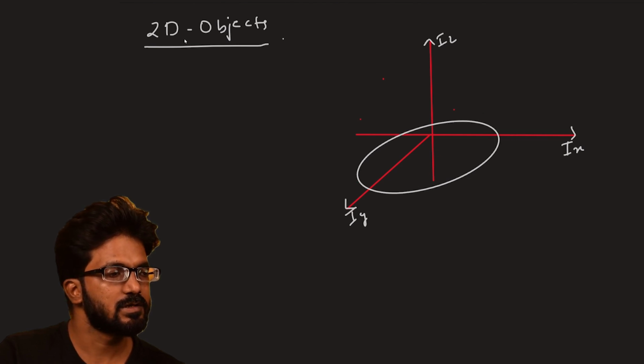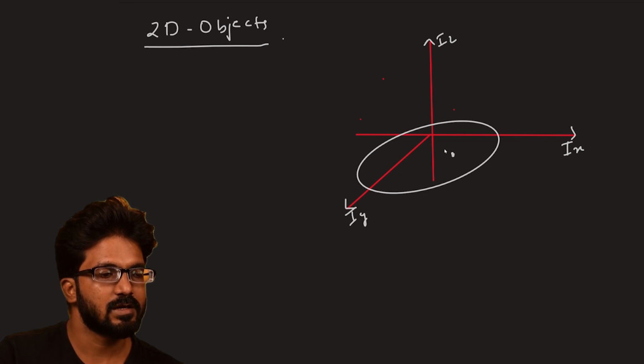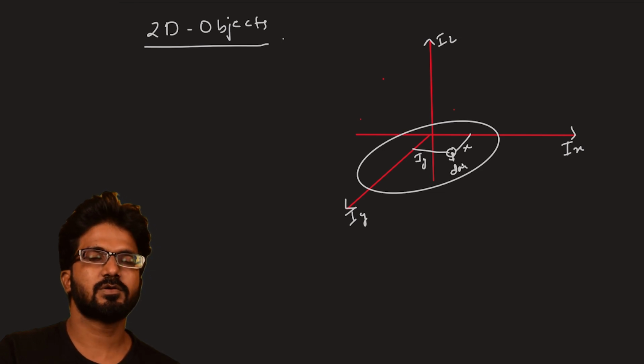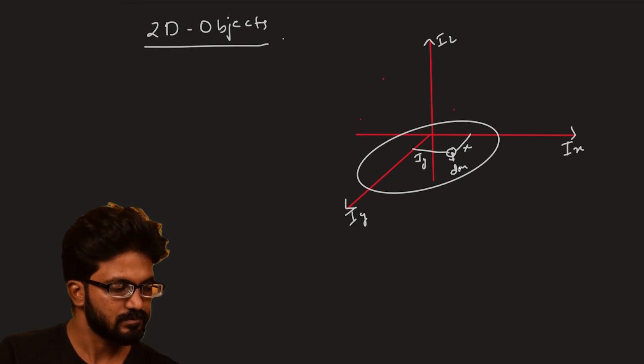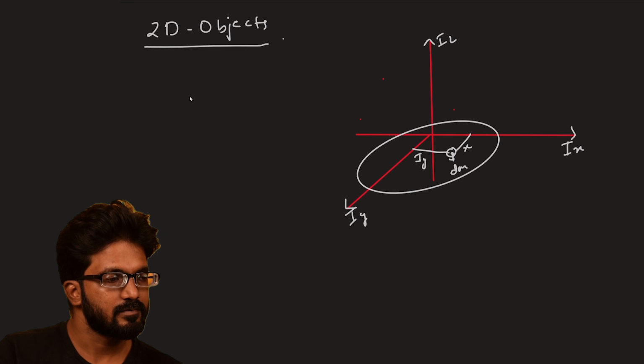Let's suppose this is a point which is at a distance of x units from this axis, that is Ix, and y units from this axis, that is Iy. Let dm be the mass of this object. How can we represent it in terms of the x and y axes?